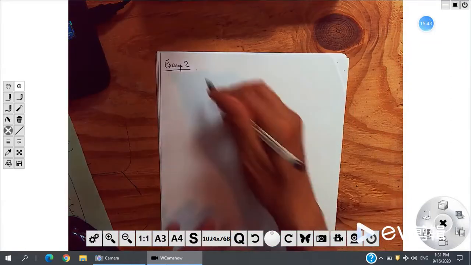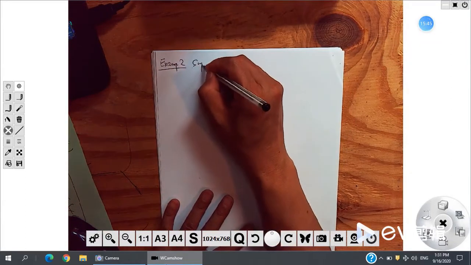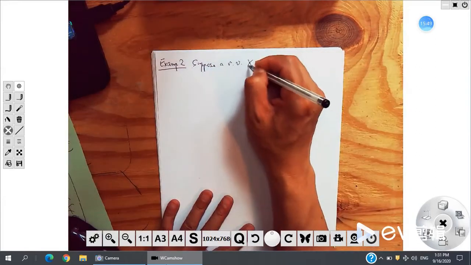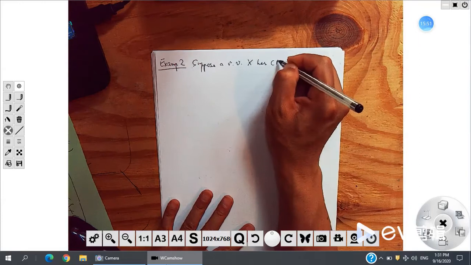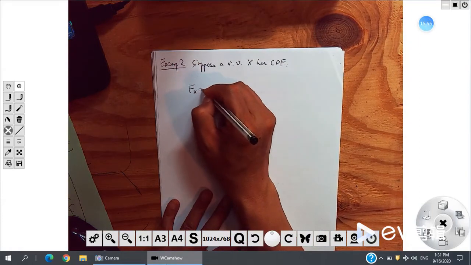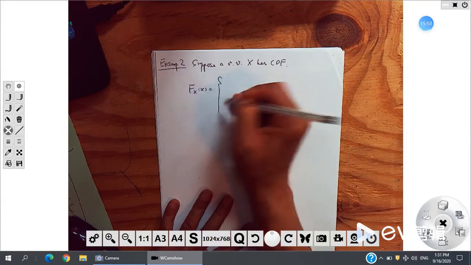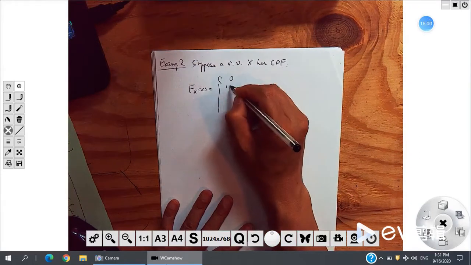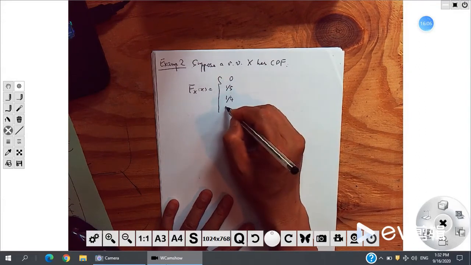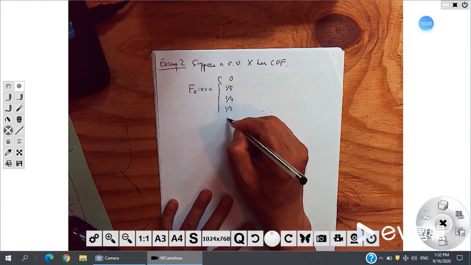Suppose a random variable X has CDF like this. F_X(x) equal to 0, 1/5, 1/4, 2/3, and 1.